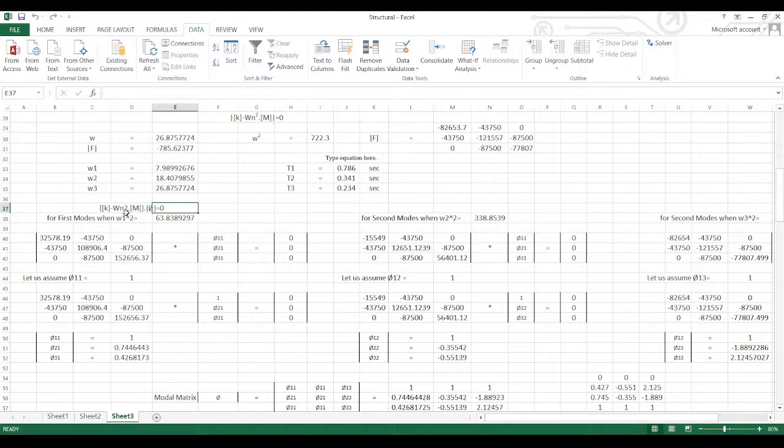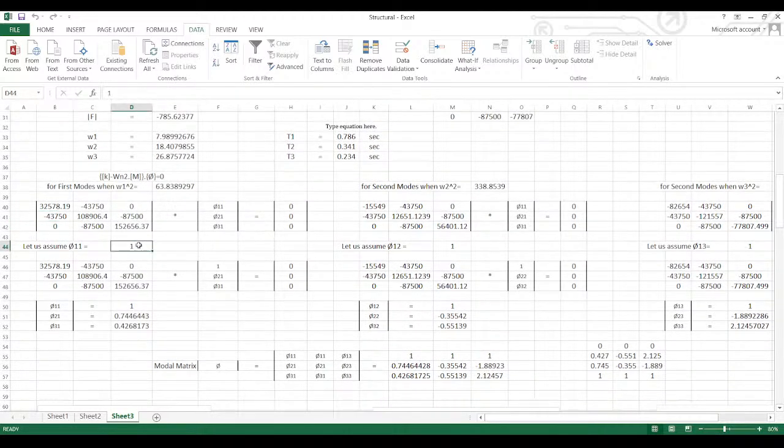After that, using this equation we calculate the mode matrix: K minus omega squared M, this matrix, times the phi matrix. Here we calculate by solving the equation.